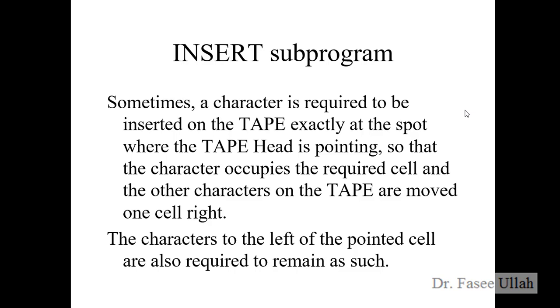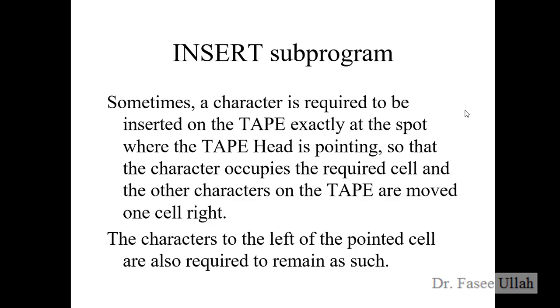Sometimes we need to insert a character in the middle, at the start, or at the end of the tape. Usually we do this process with the support of the insert subprogram. For that we have to see where the tape head is pointing.